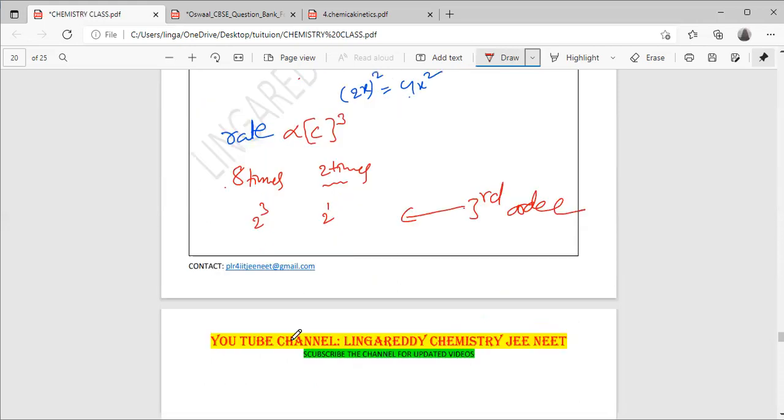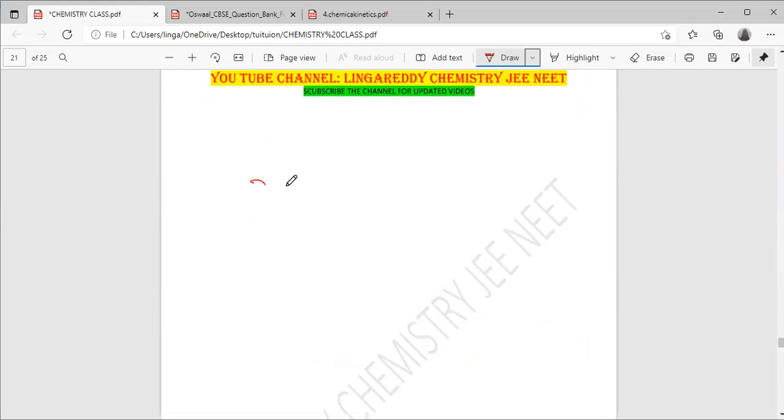So now rate is directly proportional to D. I am increasing the concentration 2 times, but here there is no change in the rate. I am increasing the concentration double, but no change. That means what can I write here?